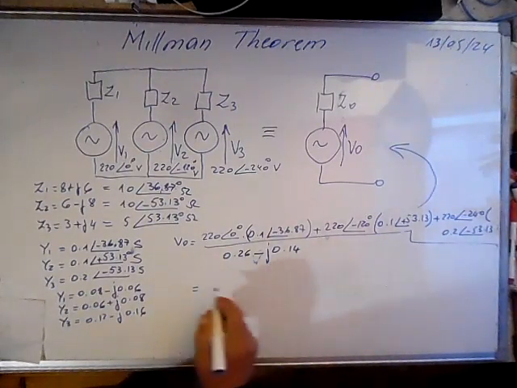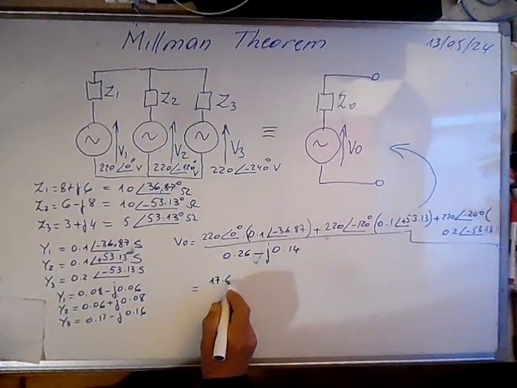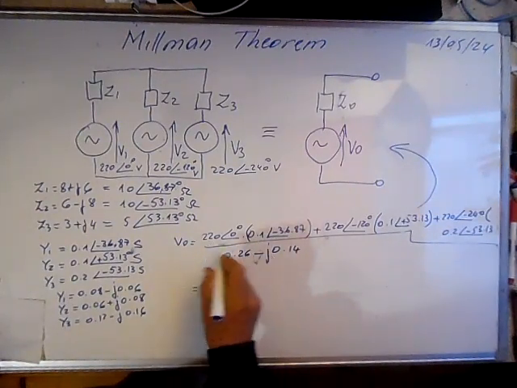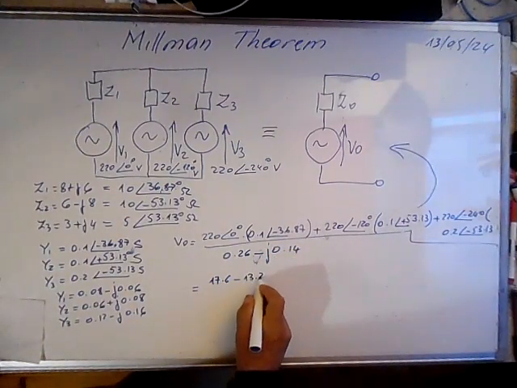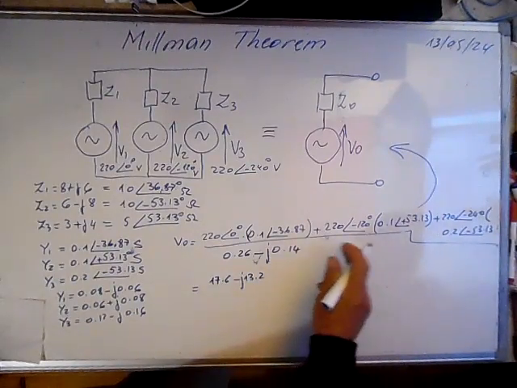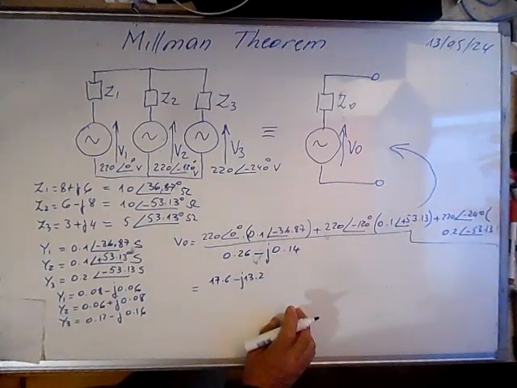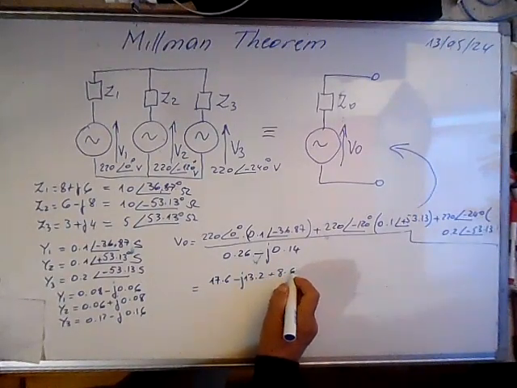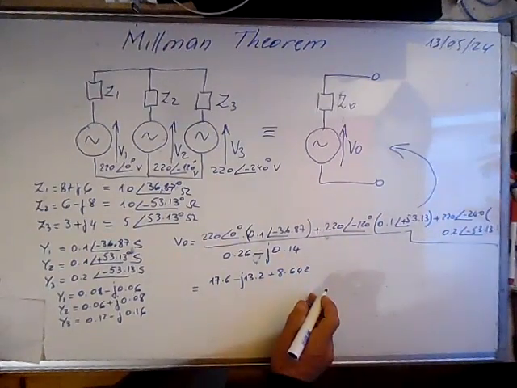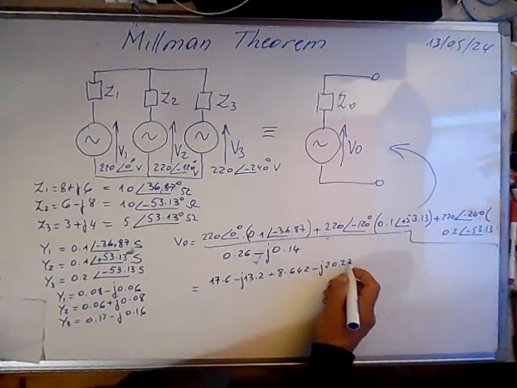The result here: 22 times cosine of minus 36.87 gives 17.6, and 220 times sine gives minus j13.2. Then 22 at argument minus 66.87: 22 times cosine gives 8.642, and sine gives j20.23.